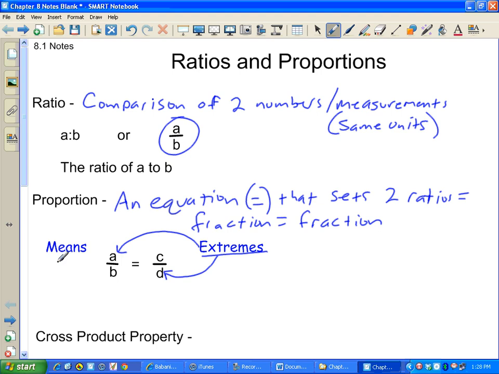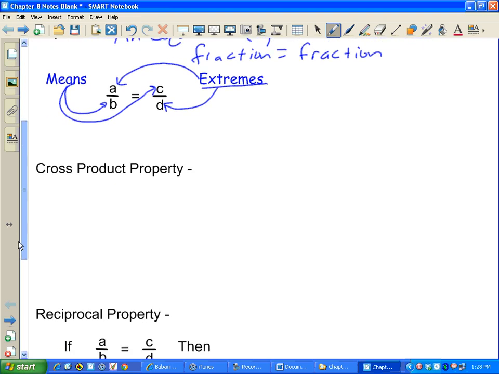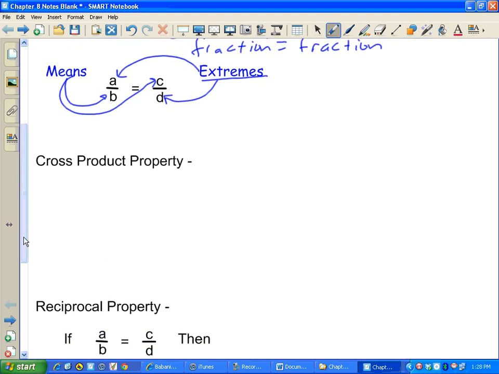The means are the ones in the middle, because mean is a type of middle. In A over B equals C over D, the two that are in the middle are B and C. Those are the means. It's important to know this because there are some properties described in terms of means and extremes that we'll get to eventually.